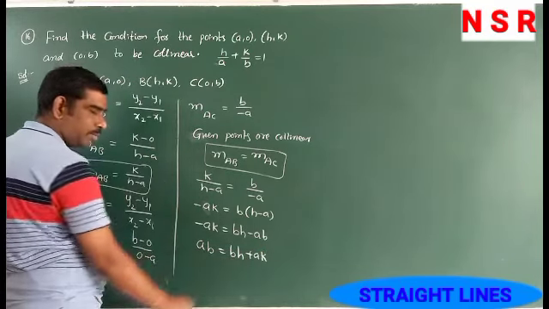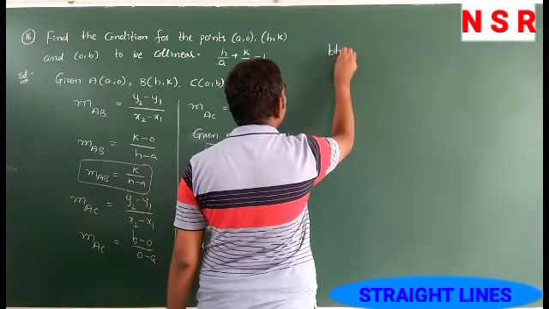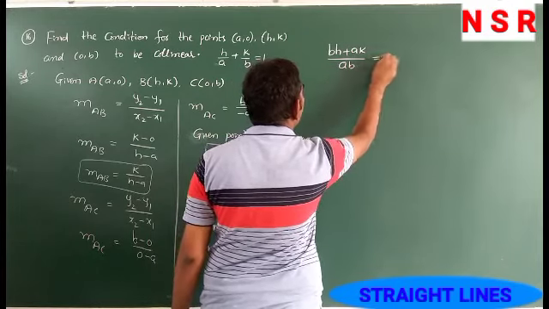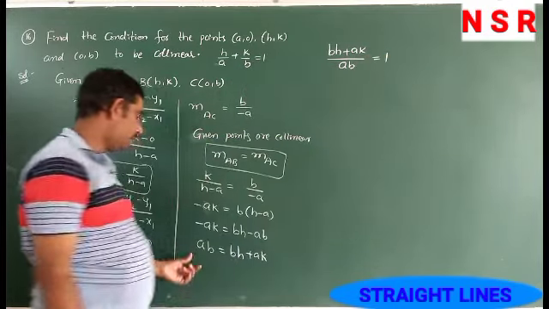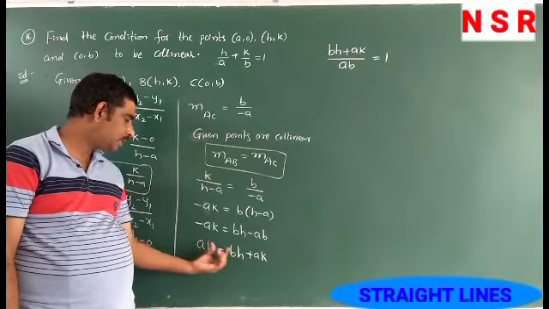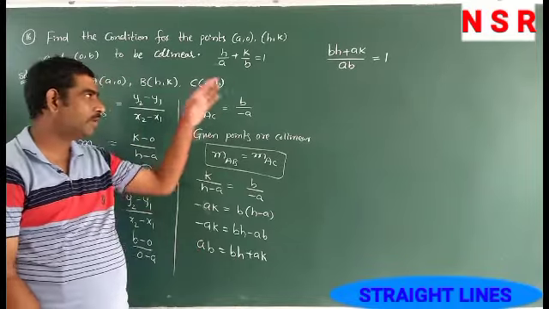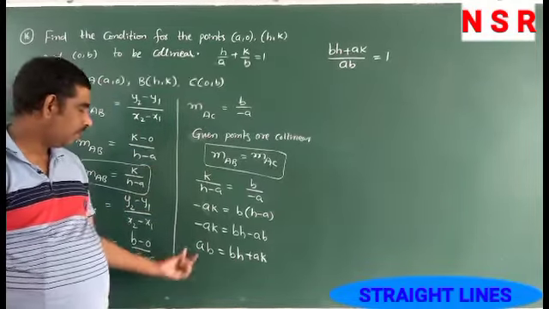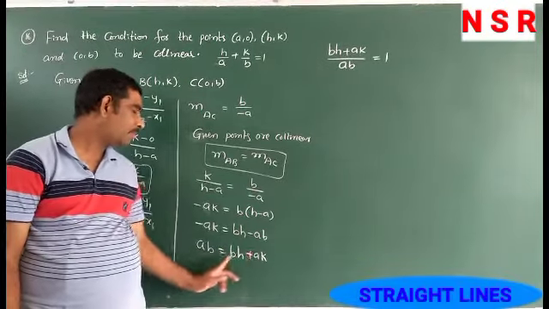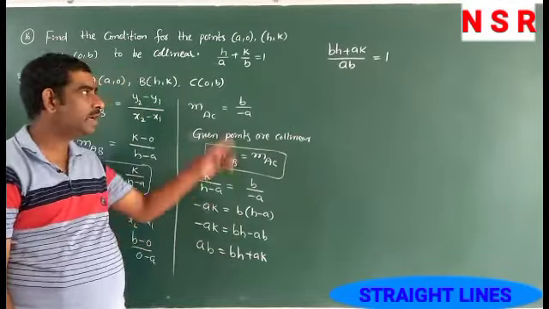Now moving ab to the denominator, we get (bh + ak)/ab = 1, that is, bh + ak - ab = 0 and dividing by ab we get 1.